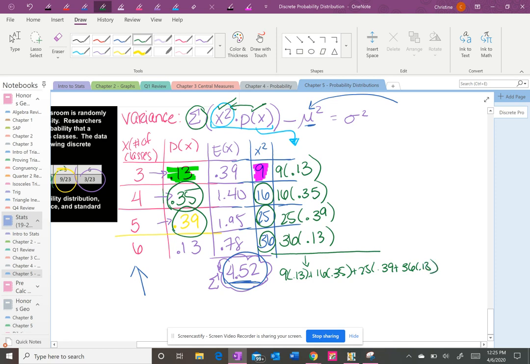So if you put all of that in the calculator, that will tell you what the summation is. So when you do that, you should get 21.2.